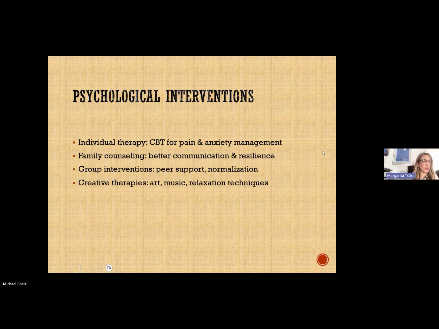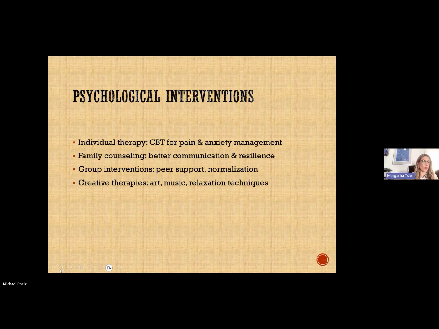Individual therapy helps children develop coping skills and manage pain-related anxiety. Cognitive behavioral techniques can reduce catastrophizing thoughts and promote adaptive behavior. Family therapy fosters open communication and strengthens resilience in family.